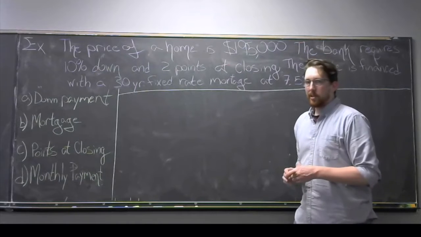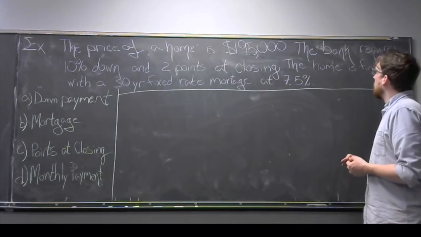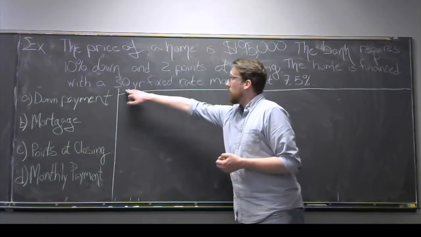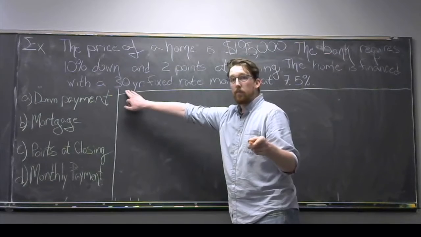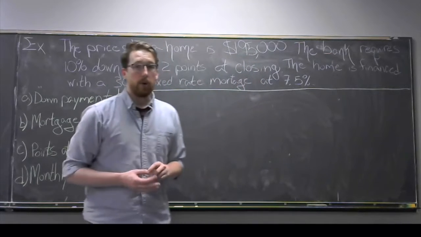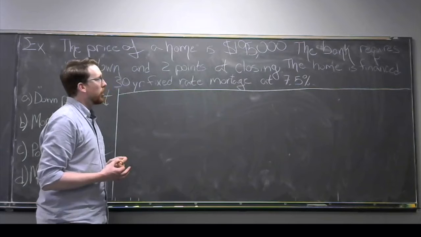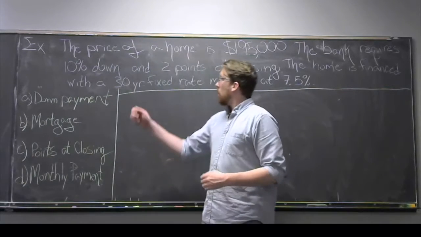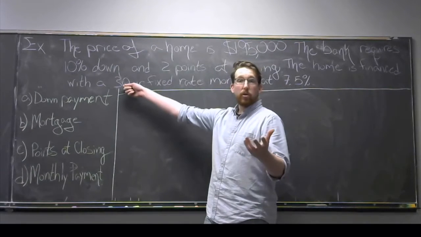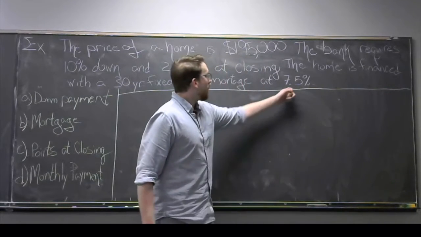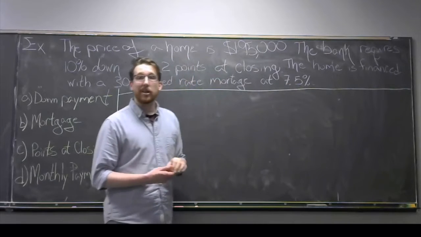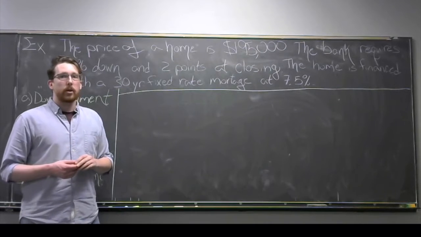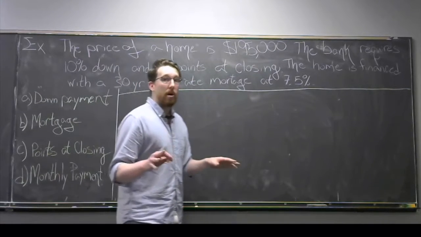I'll explain what that is in a second. And this loan is going to be for 30 years with a fixed mortgage rate. So what that means is our loan is going to be contractually for 30 years. We're going to have to pay 7.5% interest on that loan. That's going to be the rate. And we're paying this loan off monthly.